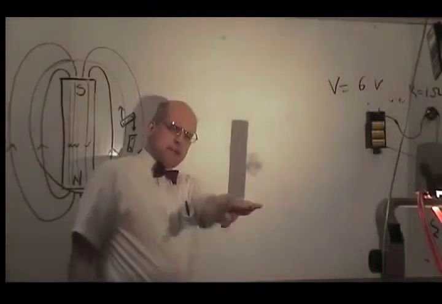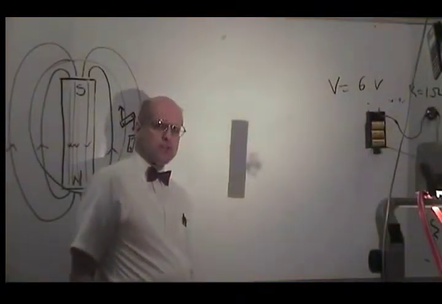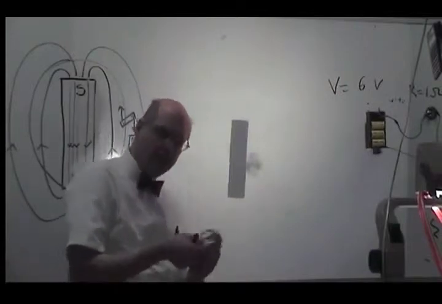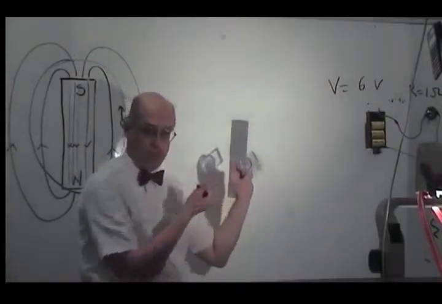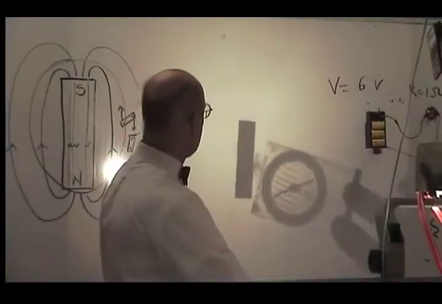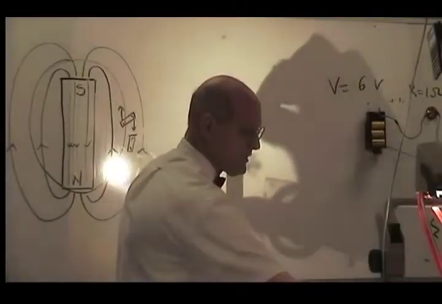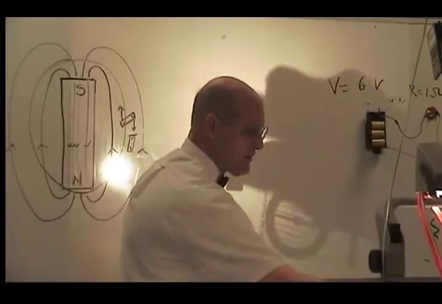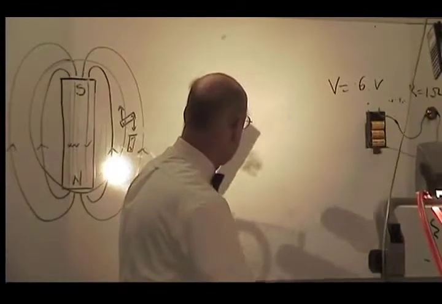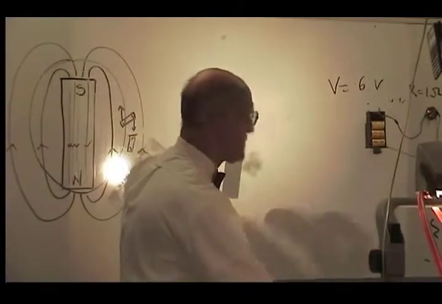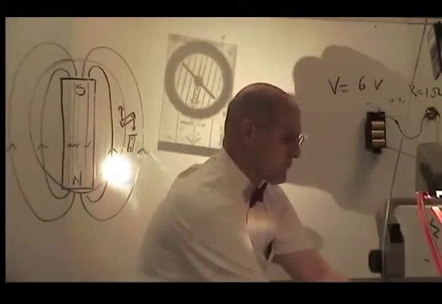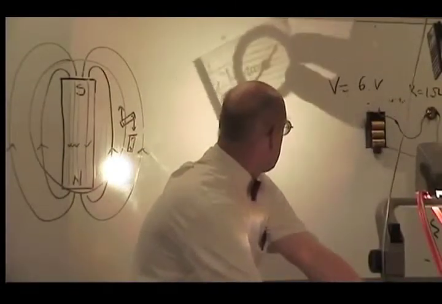I have a bar magnet sitting on top of the overhead projector, and I have it projected up here on the whiteboard. And here is a compass, which is just a tiny magnet. And if I move that around, you can see the shape of the field lines around this permanent magnet.